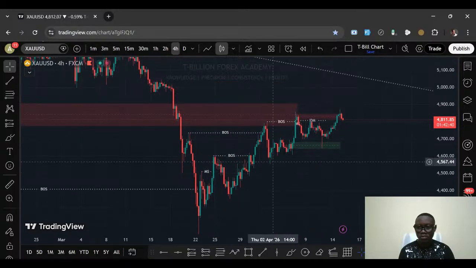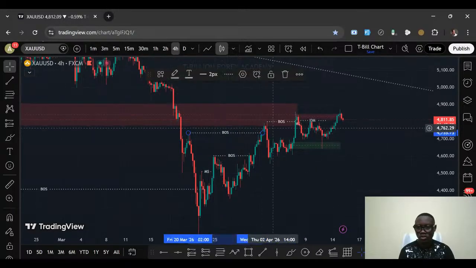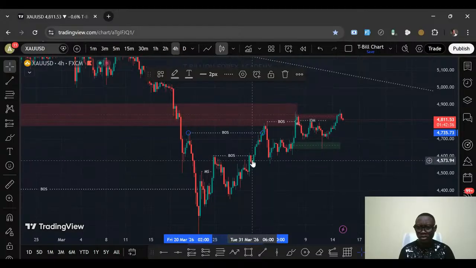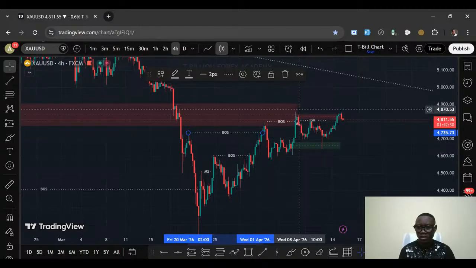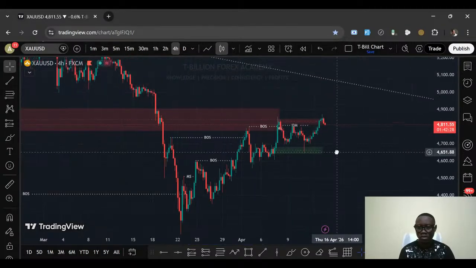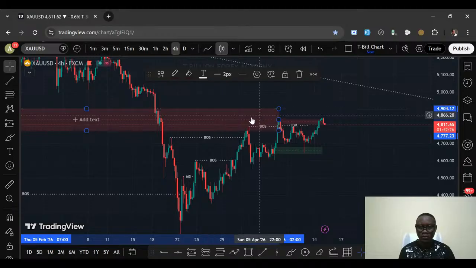We got this break of structure right here as well, and price has already tapped into the order block right here, and gives this bullish movement to this 4H breaker block. And as you can see, price is currently reacting at the 4H breaker block right here.